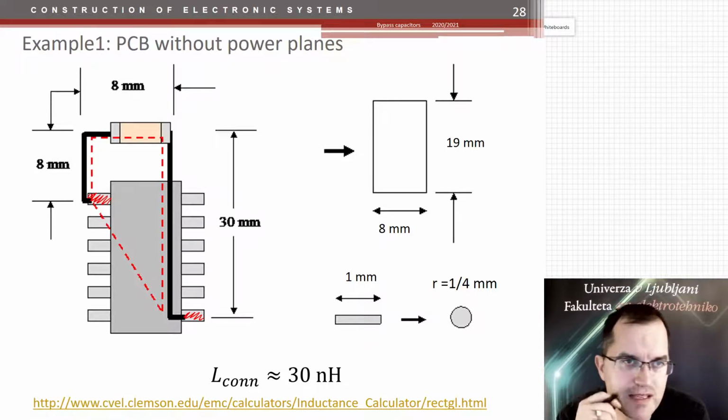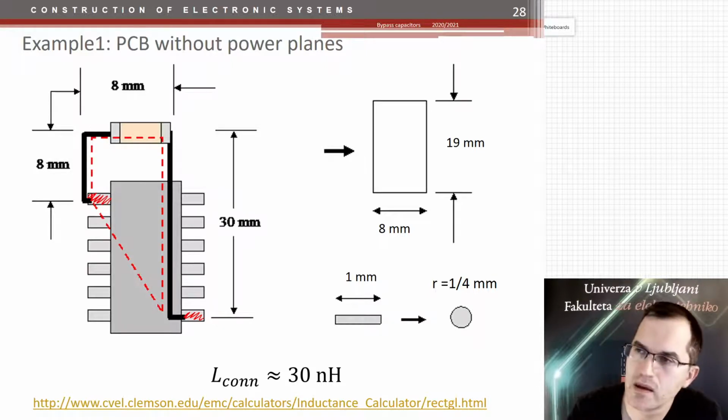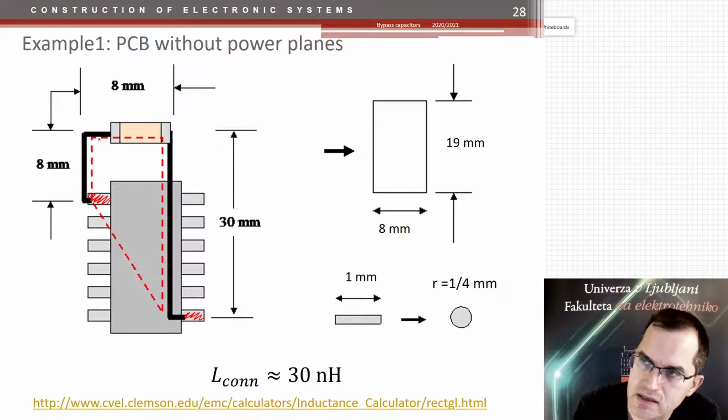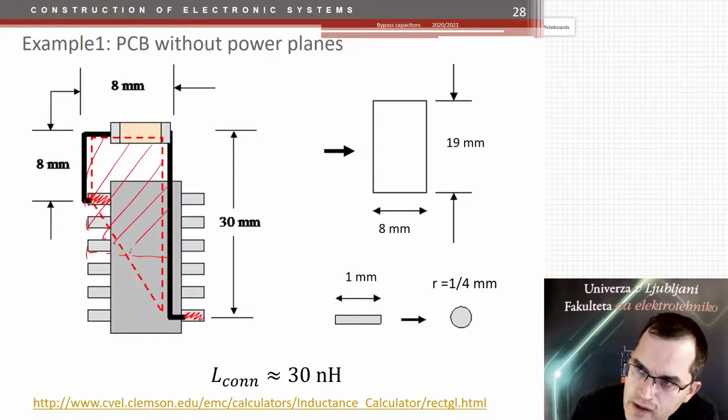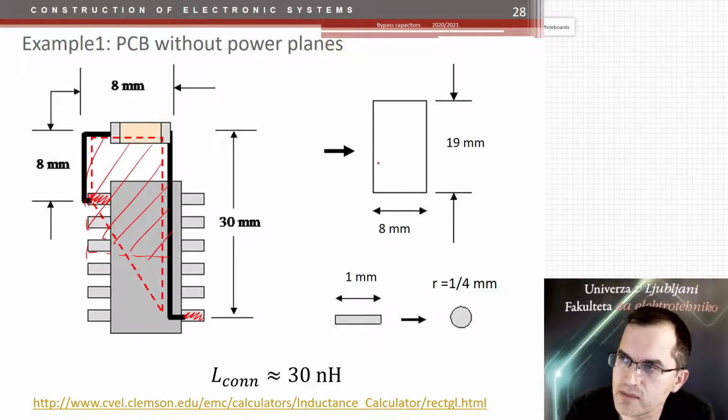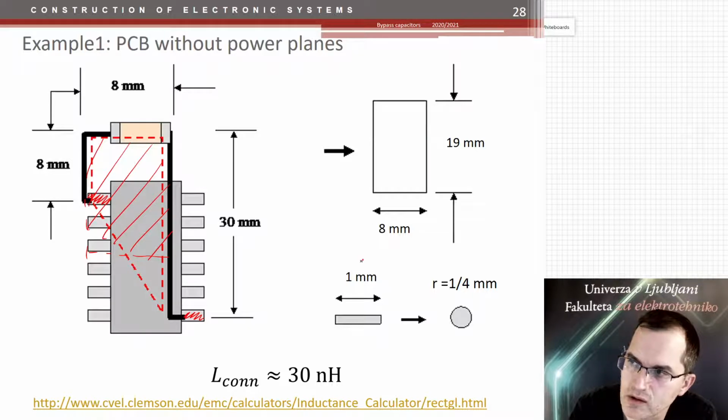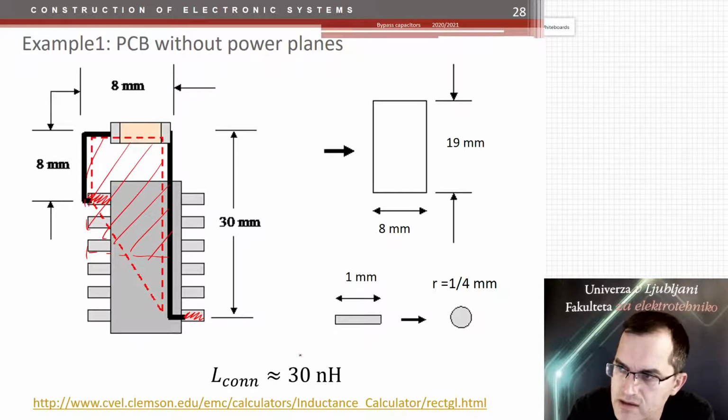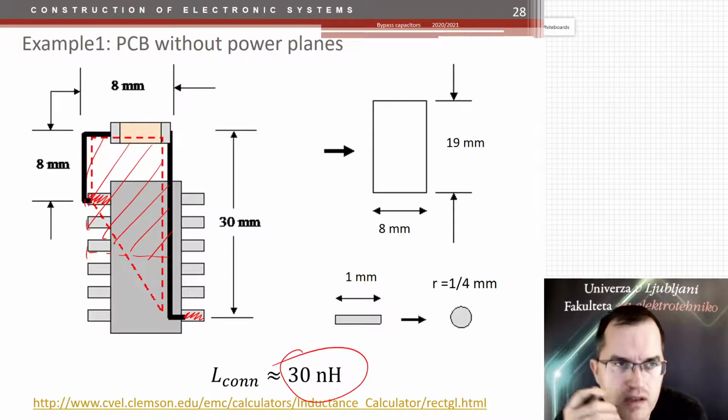But for a bypass capacitor, it's very not appropriate, because you see how large the loop size is. Actually, you can represent that loop as a square-like loop of that size, which can be then used to calculate the inductance of that whole connection of this bypass capacitor, and it's in the range of 30 nanohenries, which is a lot.